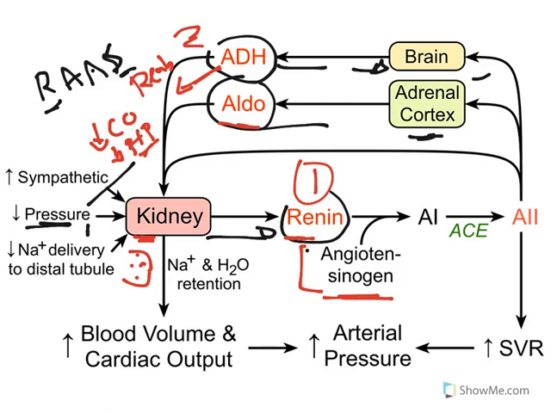We will reabsorb sodium and water, causing retention of sodium and water, which increases blood volume, increases the cardiac output, and then again increases the arterial pressure. So this is how the process occurs.